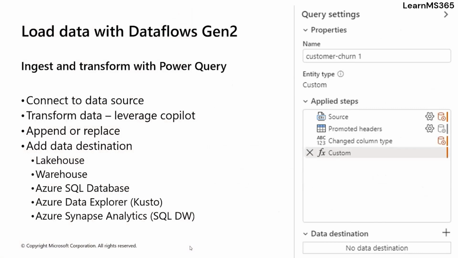Once the data is imported, you can start authoring your data flow, and you might decide to clean your data, reshape it, remove columns, and create new ones. All the steps that you perform are saved. Now, transform the data with Copilot. Copilot can be a valuable tool for assisting with the data flow transformation.